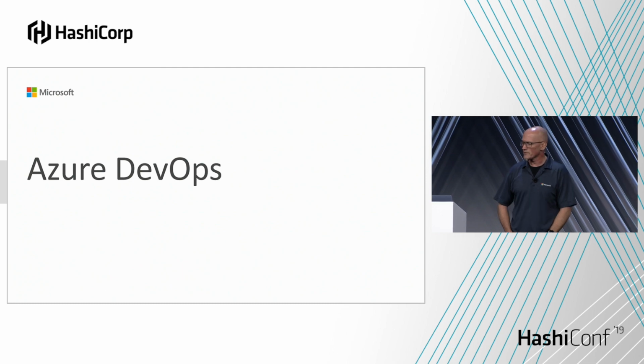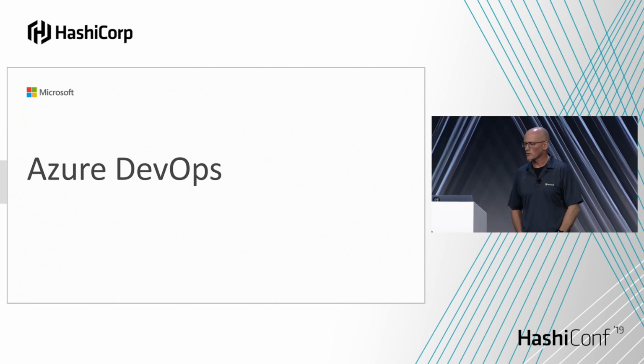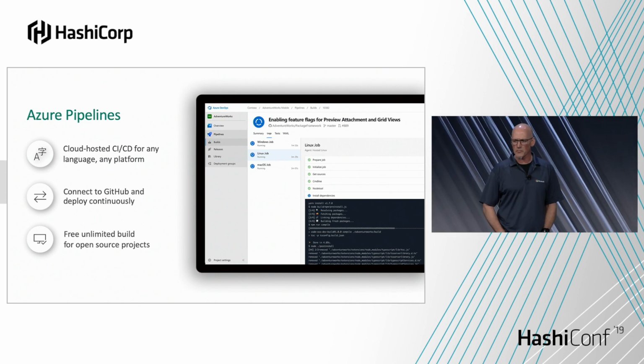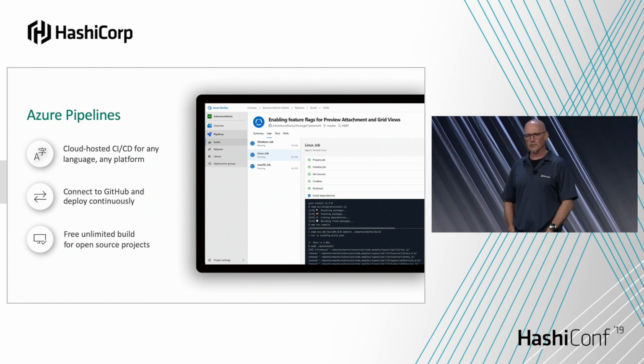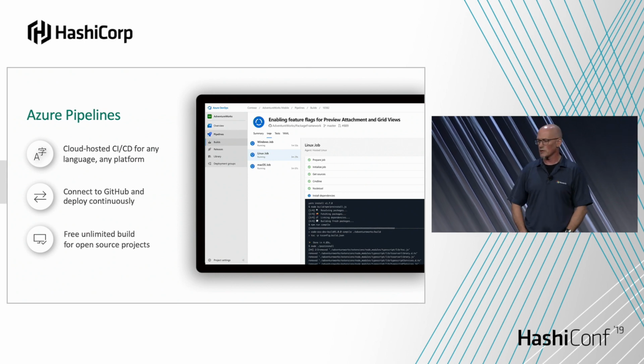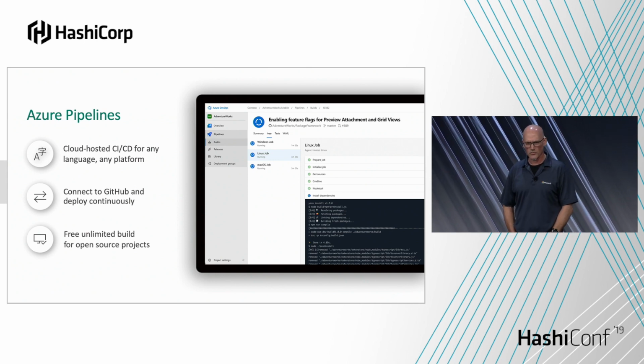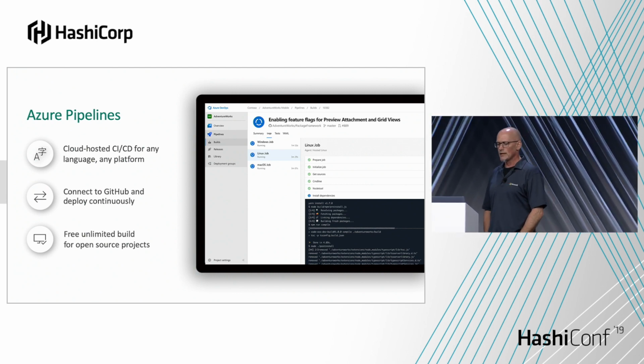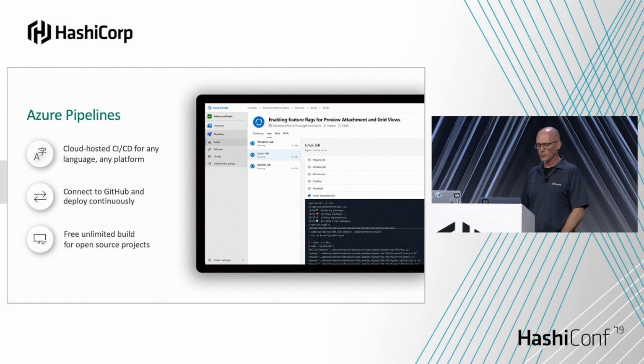One of the things with Azure DevOps that I don't know if a lot of people actually know is how cloud agnostic it is. It obviously runs in our cloud, but it can deploy to any cloud or on-prem or anything like that. If you have access to your on-prem, it can deploy there as well.